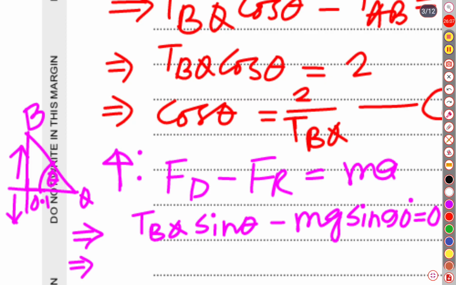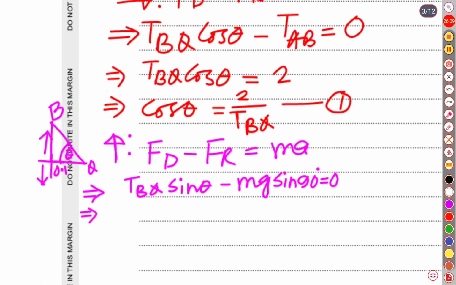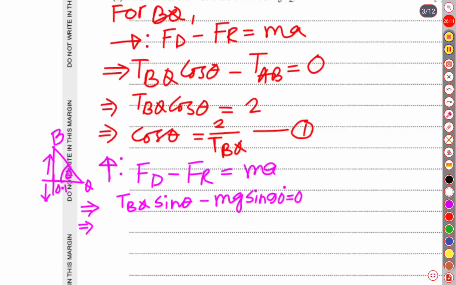Well, then tension in BQ, if we isolate tension in the string BQ, sine theta equal to the mass of the particle, which is 0.1, so 0.1 into acceleration due to gravity, which is 10. Then sine 90 is 1.